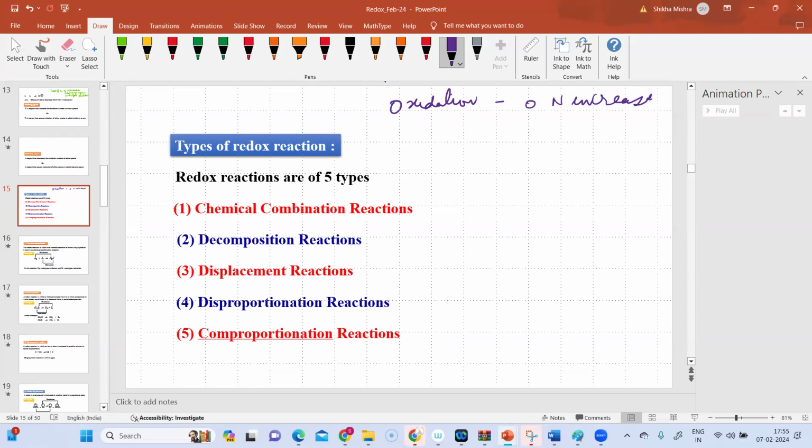And that means during reduction, the reverse of it will take place. Oxidation number decreases, right? So conversion of Fe2+ into Fe3+, what it will be? Quickly, Ritika, is it oxidation or reduction?